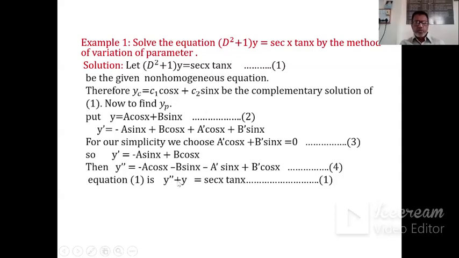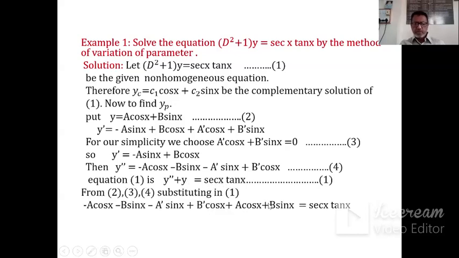Then we get y double dash plus y is equal to this. We substitute this value in this equation. Y double dash is minus A cos x minus B sin x minus A dash sin x plus B dash cos x, plus A cos x plus B sin x is equal to sec x tan x.